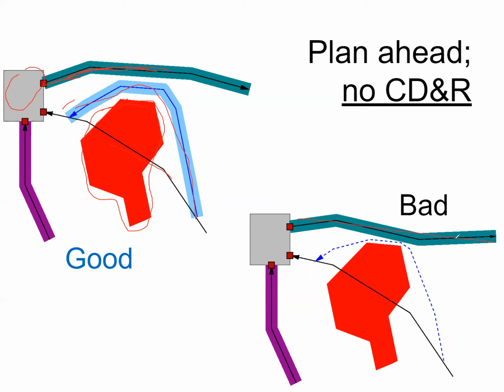So you shouldn't route like this here on the bottom picture, so that when the weather system, the hazard, materializes, this poor route would not be able to go around. For this kind of planning ahead and planning for contingencies, you should resort to CDNR, conflict detection and resolution.